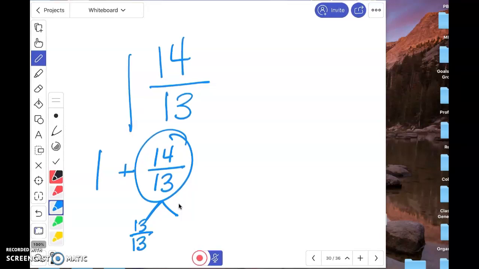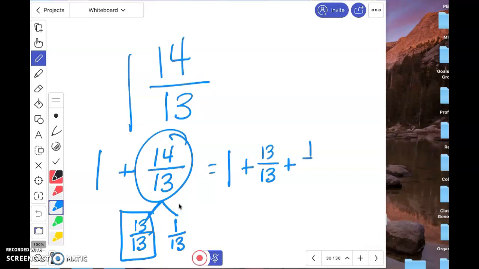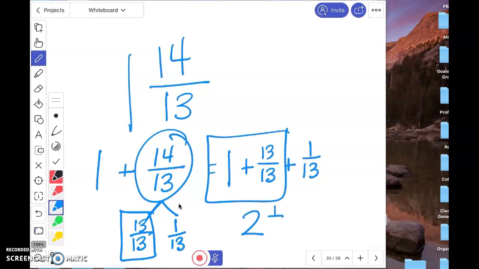So that would be 13 and what makes 14? 13 and 1 makes 14. So I can combine this whole with that one. So it's like now I have 1 plus 13 thirteenths plus 1 thirteenth. This is 2, isn't it? Because that's a whole. So 2 and 1 thirteenth is the final answer.